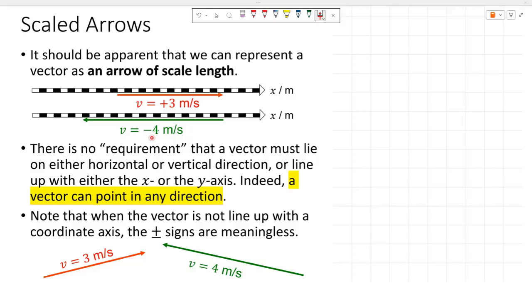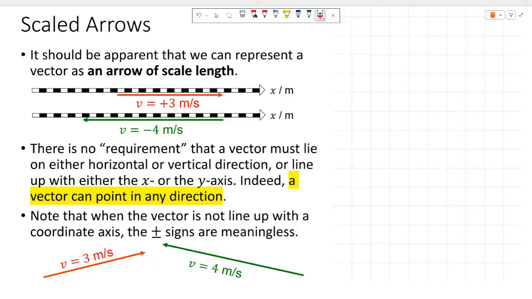Now, another thing for you to keep in mind is that the vectors don't have to be always going straight to the right or to the left, right? It's perfectly okay if you end up dealing with vectors in 3 dimensions. Like you see here, we have velocity vectors pointing this way, that way.